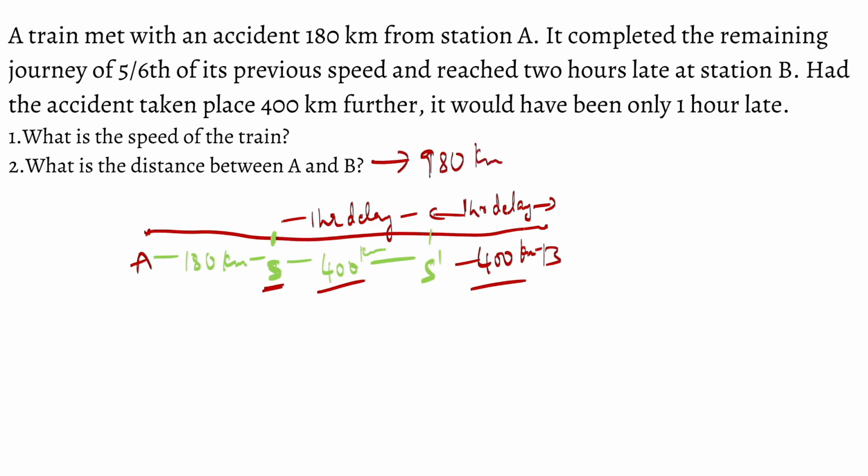Now let's move to the first one. What is the speed of the train? See here, it completed the remaining journey at 5/6 of its previous speed. So 5/6 means it's definitely a decrease in speed. So 5/6 means 1/6 decrease. So if speed is decreased by 1/6, then how much should time be increased?